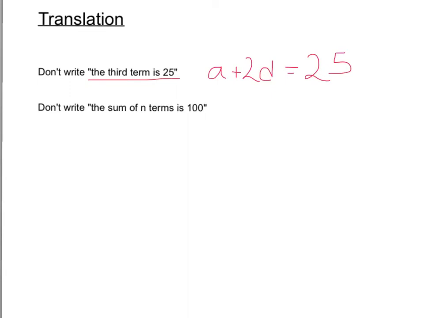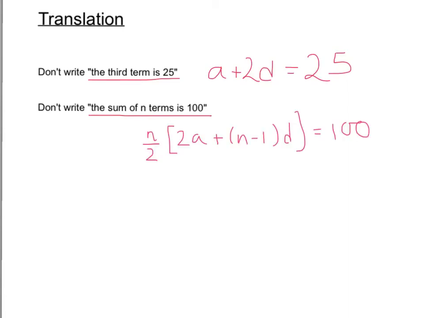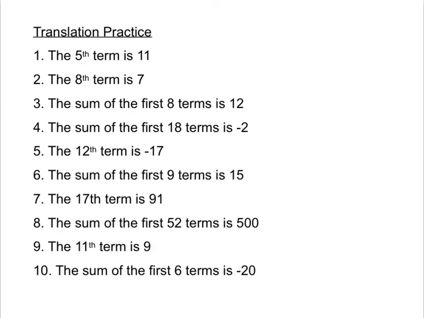The same applies if we see something like the sum of n terms is 100. We write this formula and set that equal to 100. This is how we're going to answer questions, not with silly words like this. Now, you need to pause the video and practice these translation questions yourself, and unpause the video in a minute.